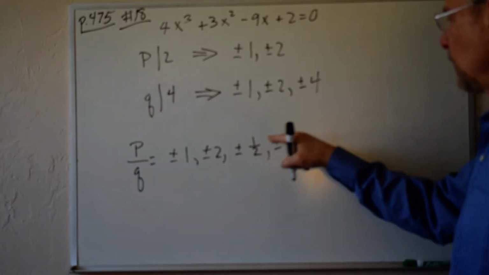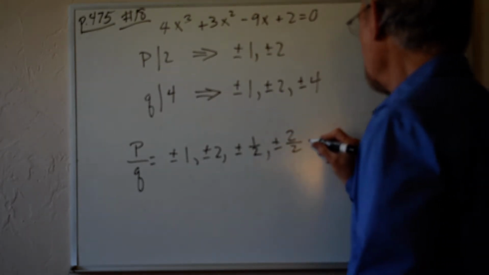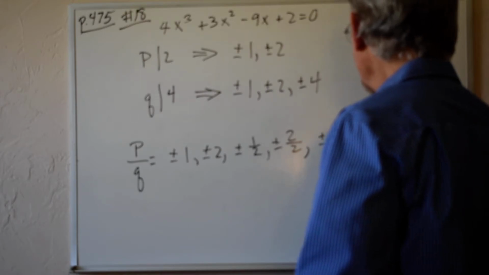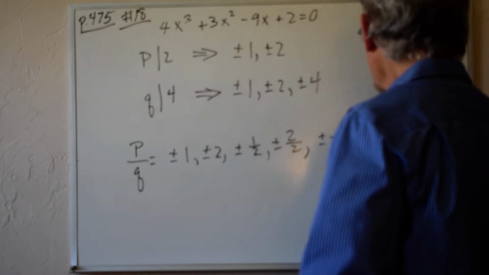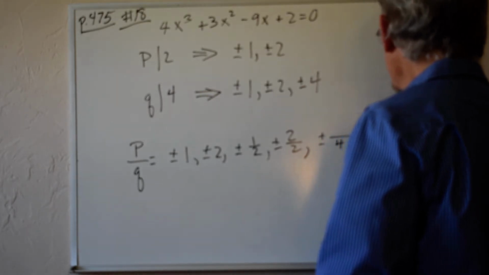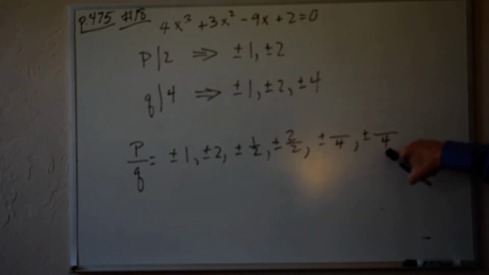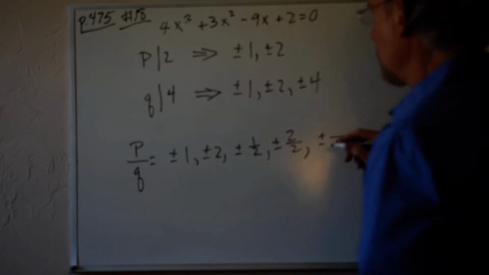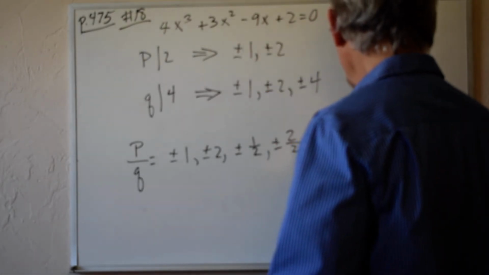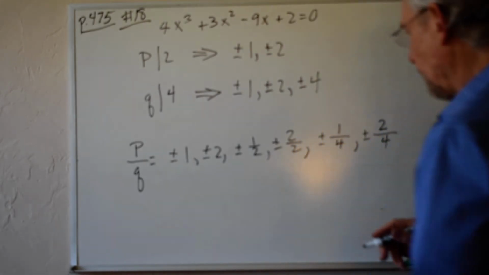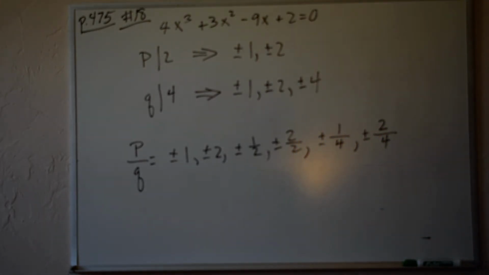Right? The two possibilities for P are in the numerator. And then Q can also be ±4. So I'll have these possibilities where 4 is the denominator. So P can be ±1, ±2. Those are all my possibilities.